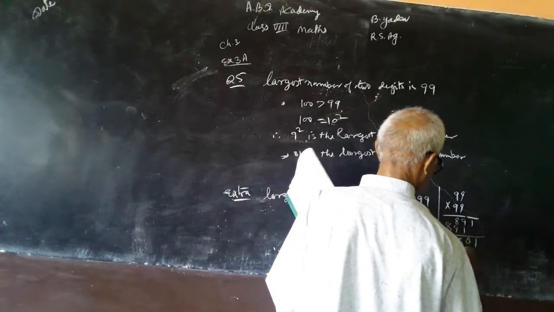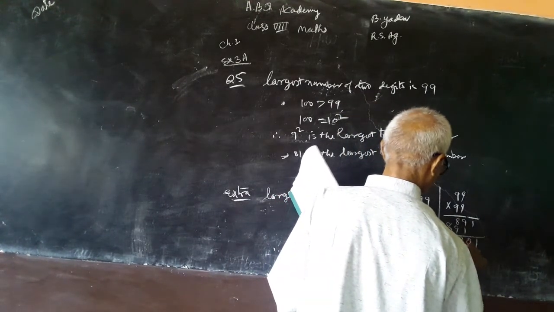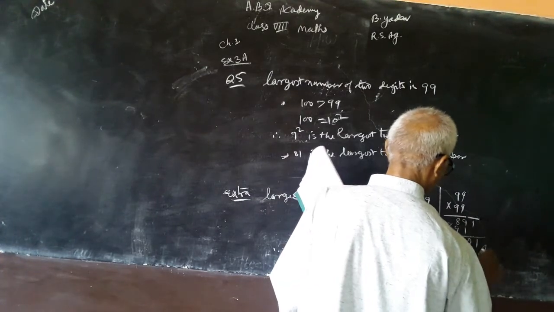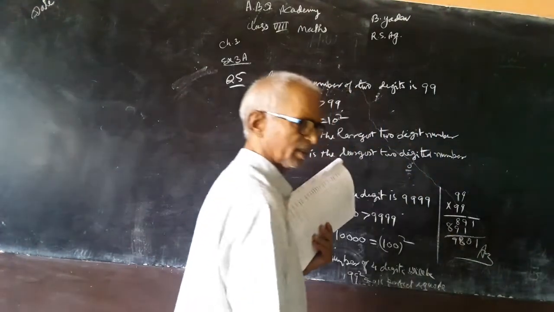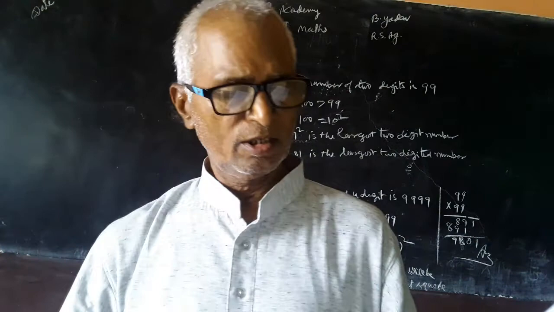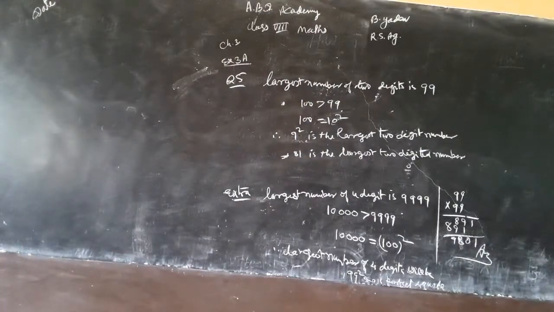This is the number which is of four digit and is a perfect square. In this way, you can determine the largest number of required digit which will be a perfect square.